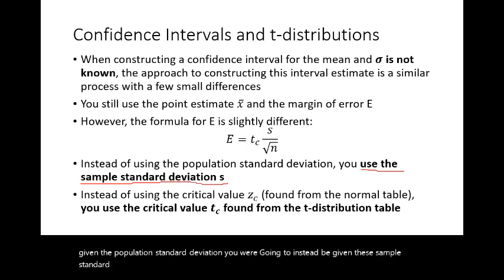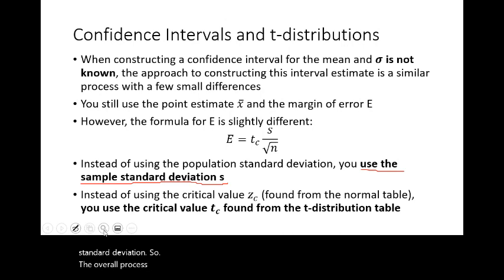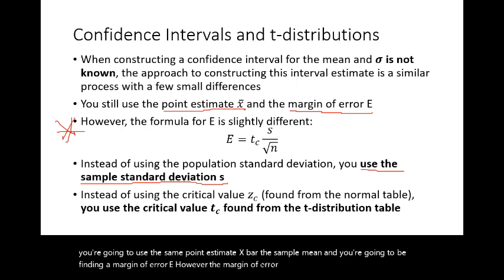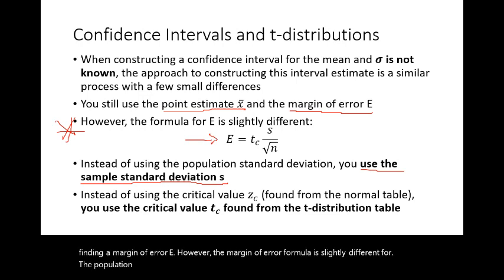So the overall process for constructing a confidence interval is going to be pretty much the same. You're going to use the same point estimate x bar, the sample mean, and you're going to be finding a margin of error E. However, the margin of error formula is slightly different for the population standard deviation not being known. So when sigma is not known, you're going to use this margin of error formula.